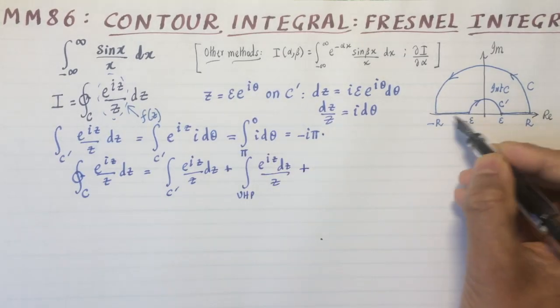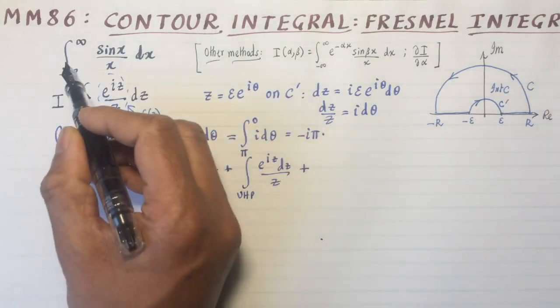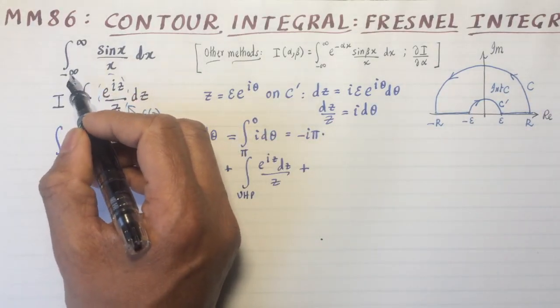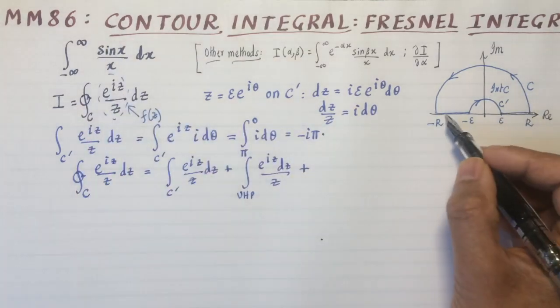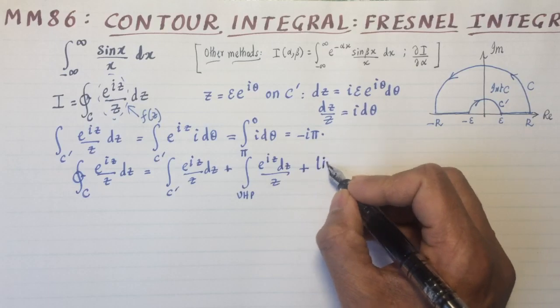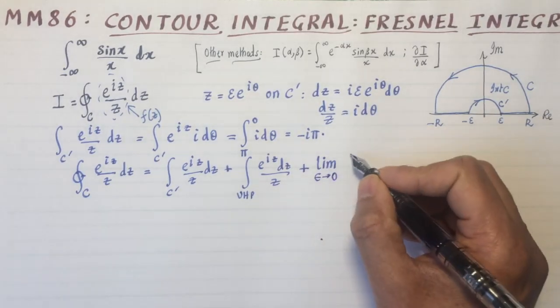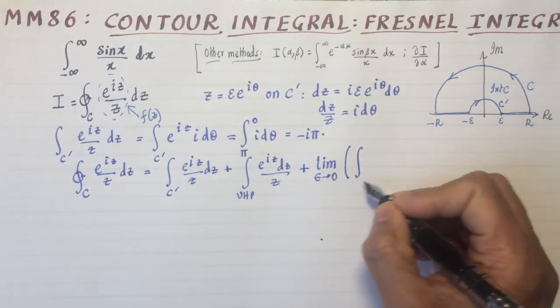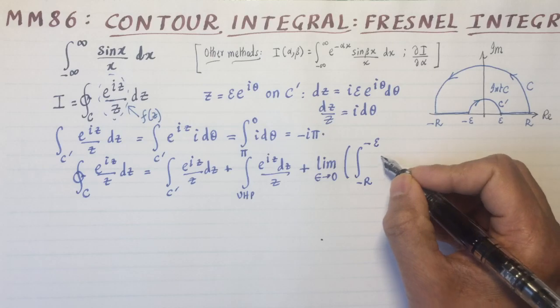And now we have to deal with what happens here. Unfortunately, we have sort of failed in our mission, because our mission was to go from minus infinity to plus infinity, but here we have an interruption. So we have to use a limiting process, and this is the famous Cauchy principal value of an integral, or CPV. It's a very useful thing in engineering and other applications.